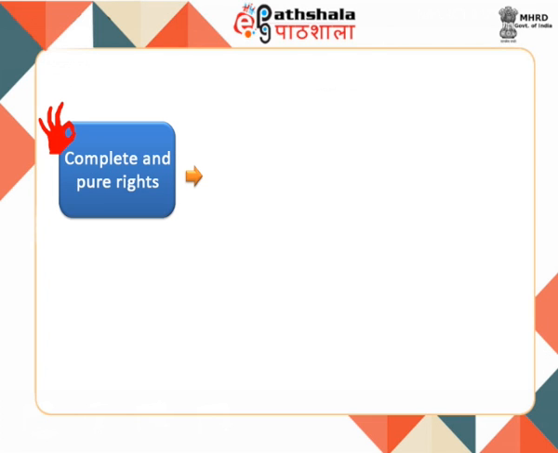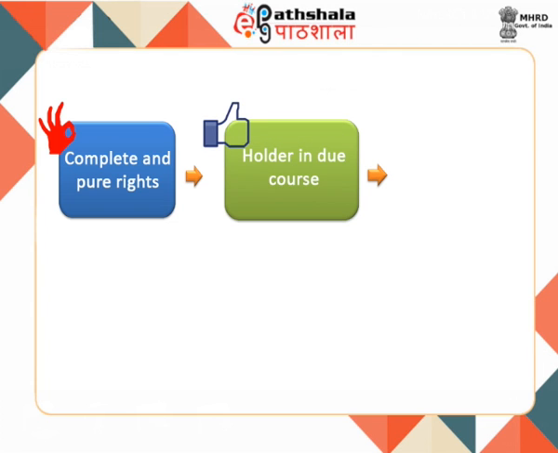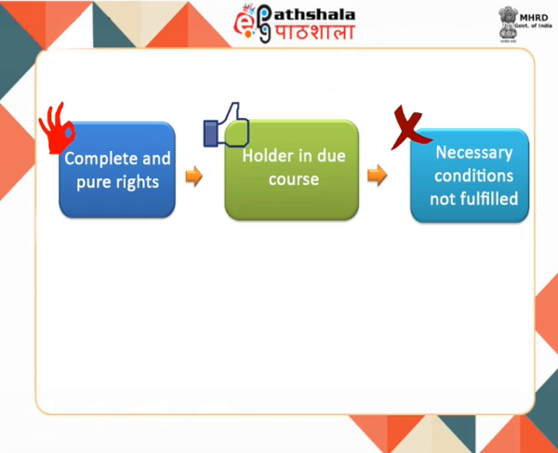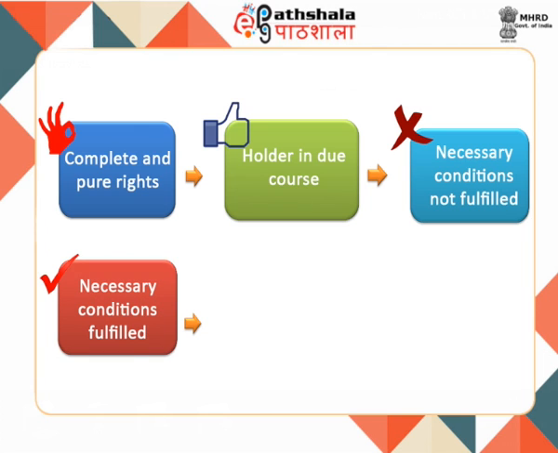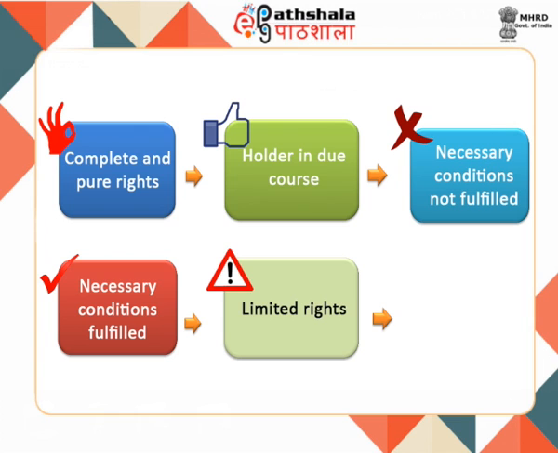The complete and pure rights on the instrument, as indicated in the last section, are enjoyed by only such a holder who fulfills some necessary conditions and becomes what is called a holder in due course. If any such condition is not fulfilled, then he would enjoy only limited rights under the instrument in the capacity of a mere holder.